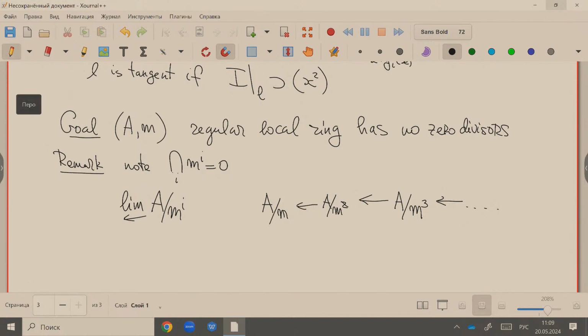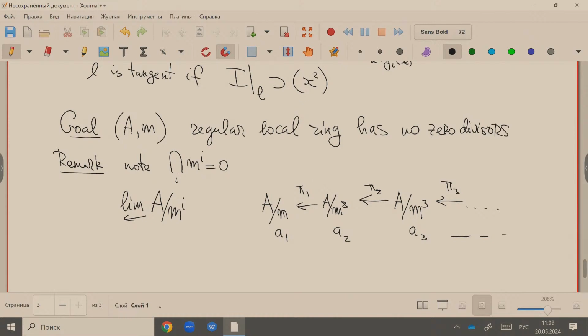Let me denote the maps by p1, p2, p3, etc., and you have elements a1, a2, a3, etc.